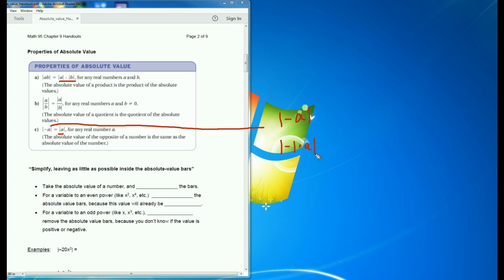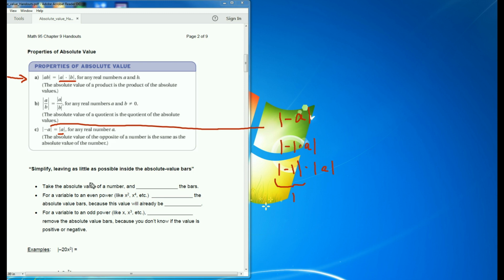So then really, we're just applying the first property. We're just separating those out. It's the same as the absolute value of -1 times the absolute value of a. And of course, the absolute value of -1 is just +1. So it's just the absolute value of a.